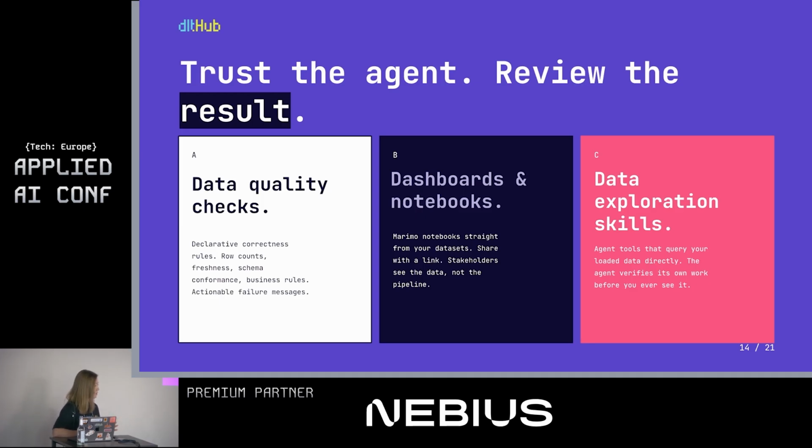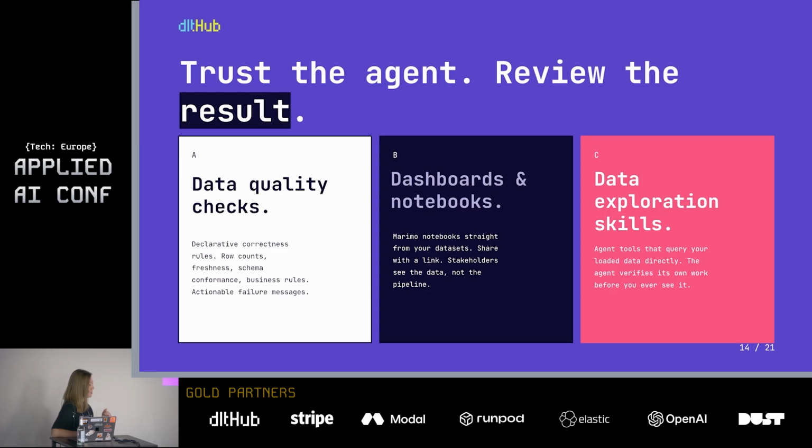What does dltHub include? It includes not only AI support, it also includes data quality checks. It will apply them automatically. You don't even have to think about how to apply these data checks, but you need to validate them. What is the status of these checks? Also, dltHub provides dashboards and notebooks, which you can use to explore your data. What data was loaded?